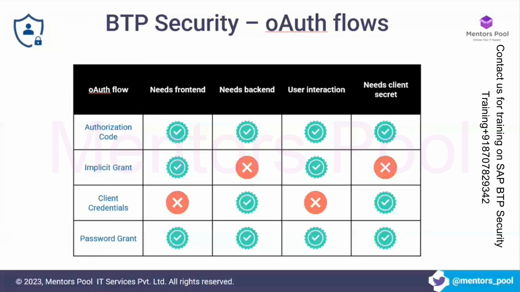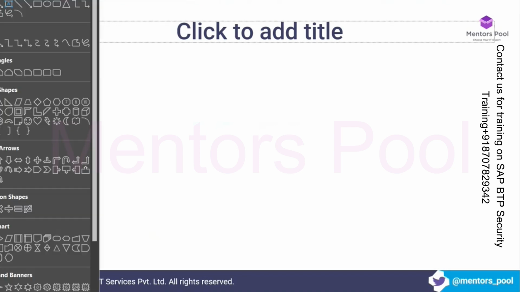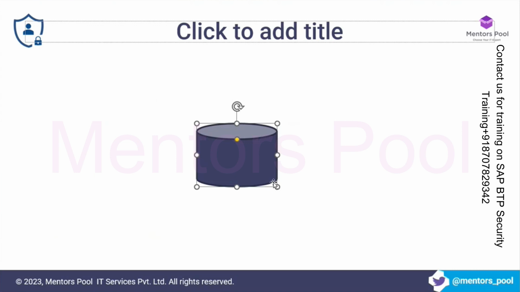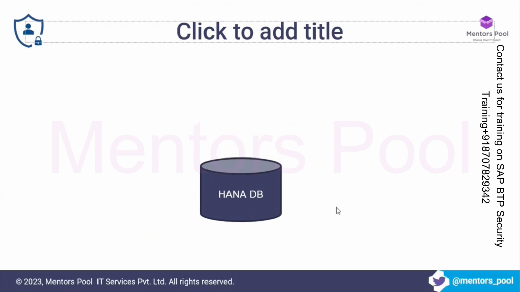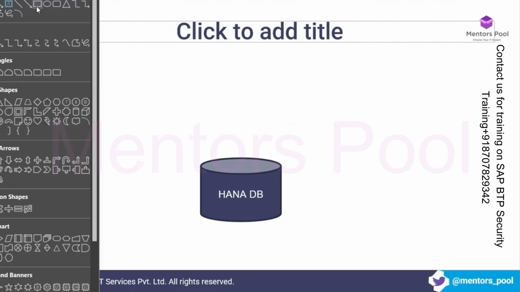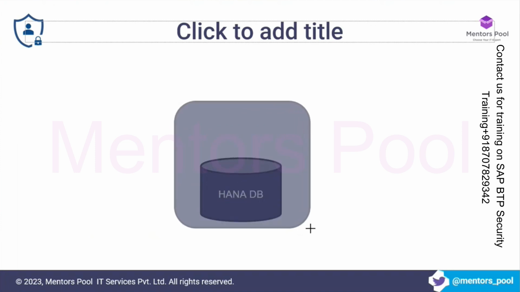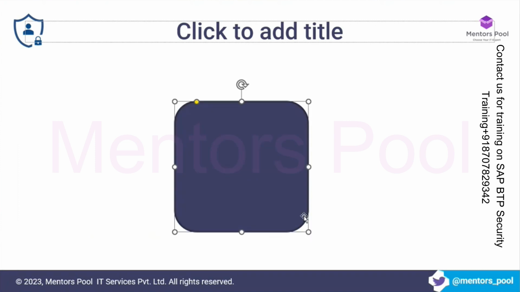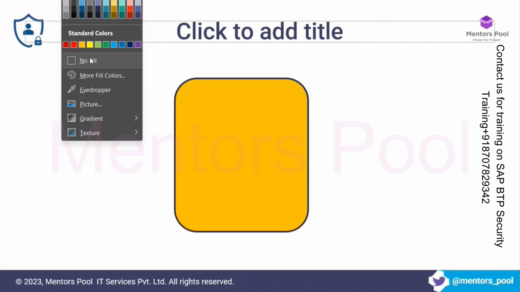They had HANA DB, which is a normal, simple relational DB. Then they created an application or service layer on top of this HANA DB, which in earlier times we used to call XS Classic. Now we know it as XS Advanced.